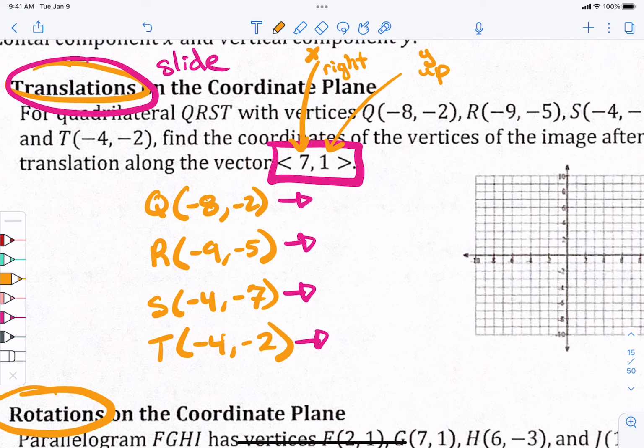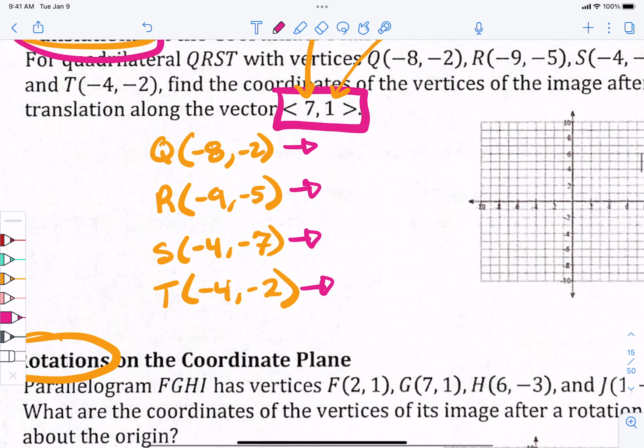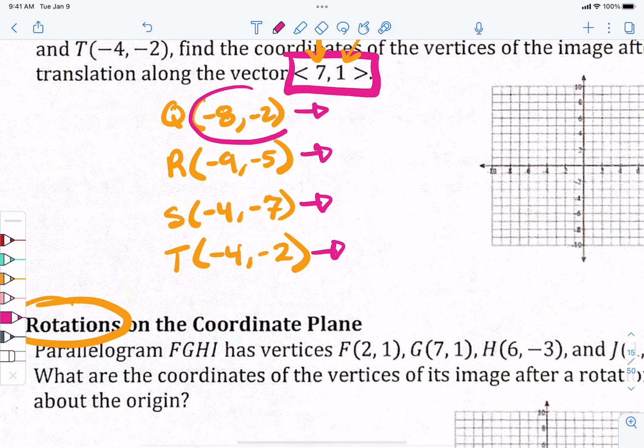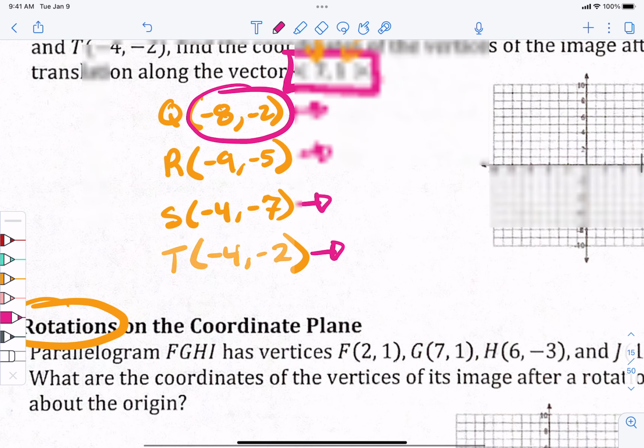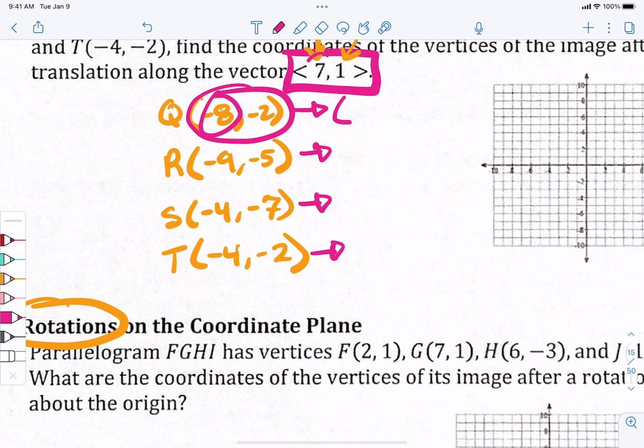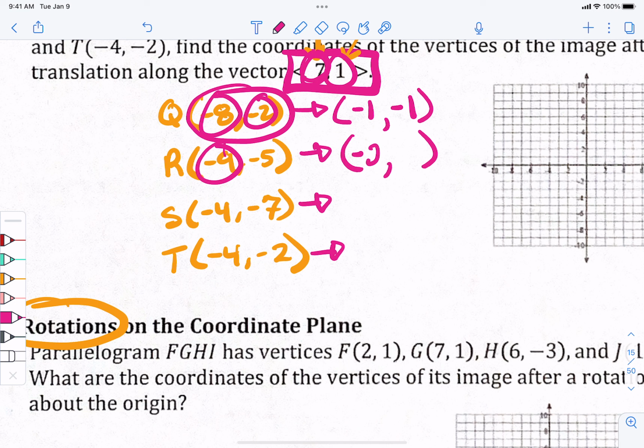Now, I can change my coordinates without actually having to graph them. All I do is add that to the existing coordinates. So if I take -8 and add 7 to it, that gives me my new coordinate point. -1. What's -2 plus 1? -1. So -1 is what that guy is. -9 plus 7 is -2. -5 plus 1 is -4.